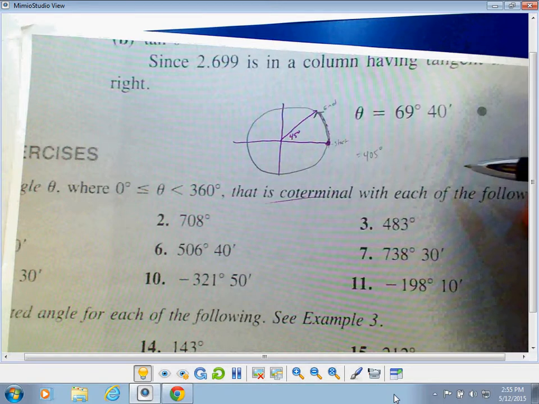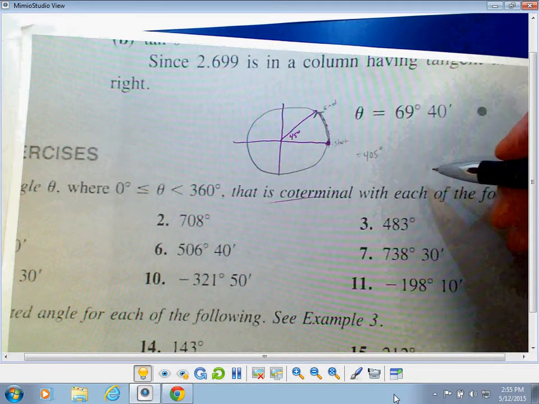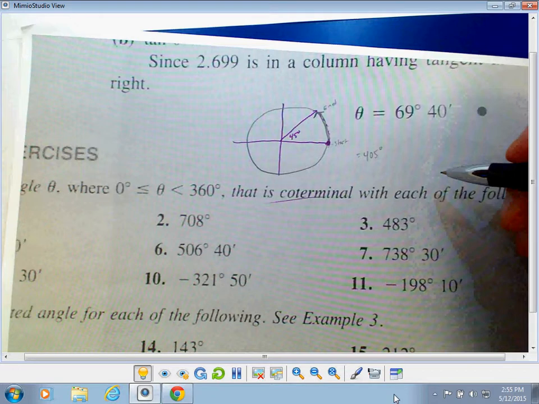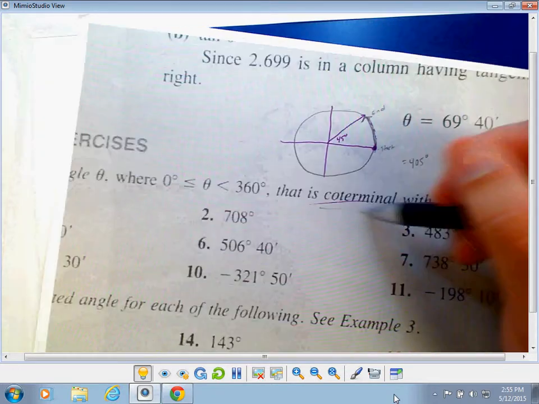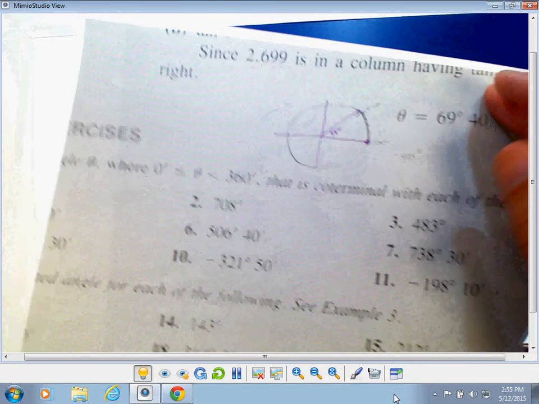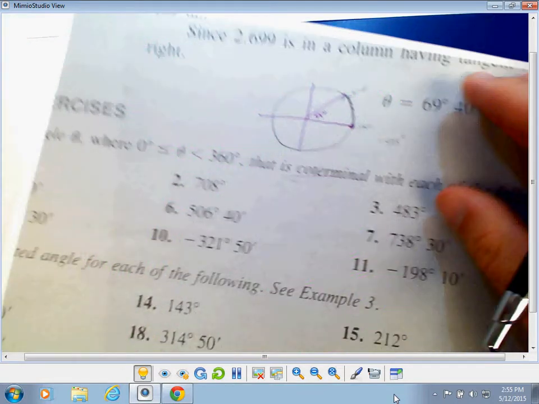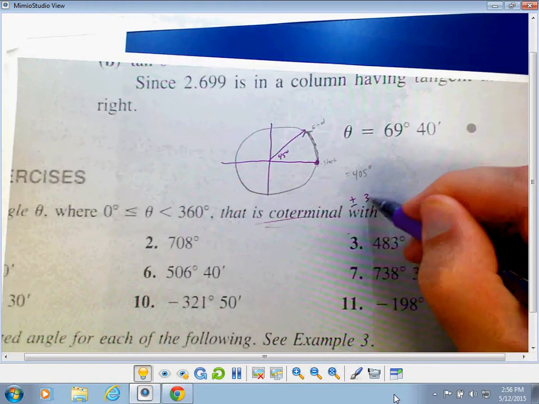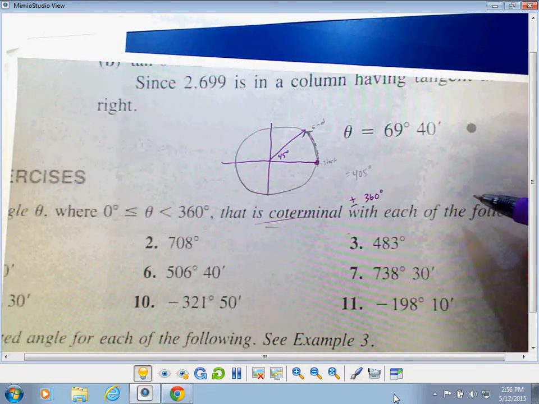In other words, a 405 degree angle and a 45 degree angle are effectively the exact same thing. It's called coterminal. That's what that means. So the best way to figure out what the coterminal angle is to take your angle and you do what's called plus or minus 360 to find it.